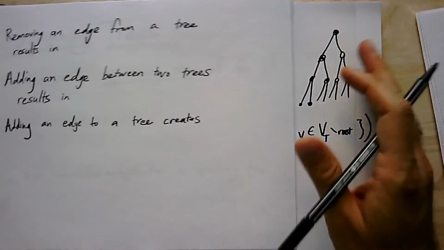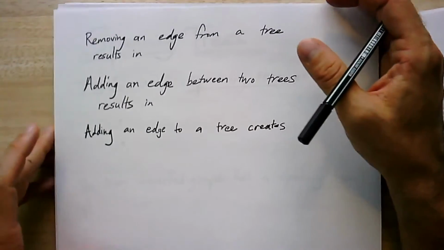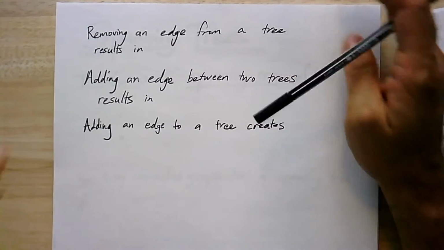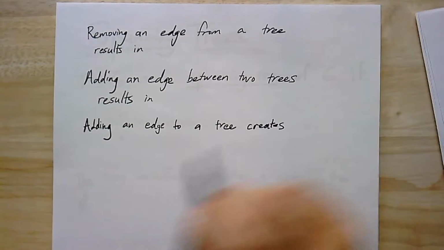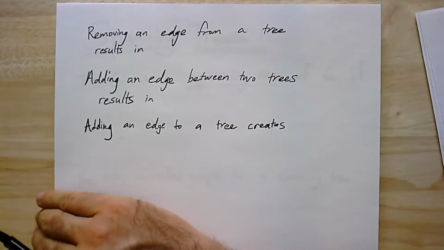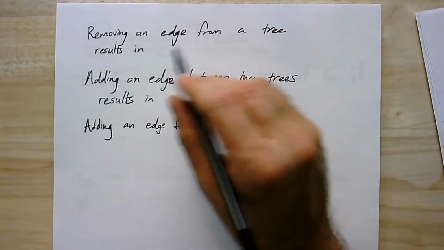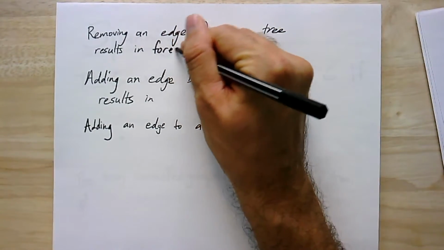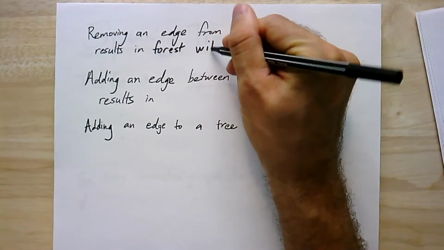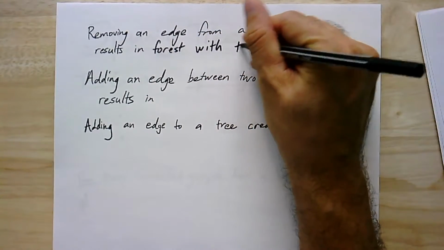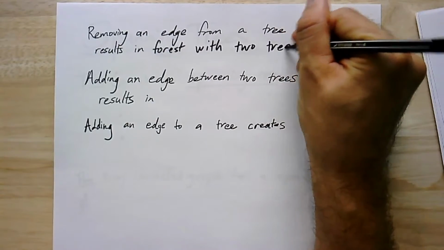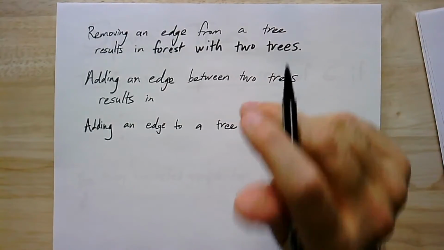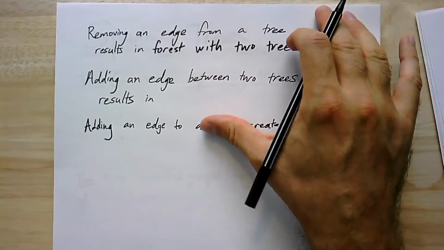Right. So a couple other facts that you should just kind of think about whether you believe these. The first one is that I claim that if you remove an edge from a tree, then it results in a forest with exactly 2 trees. Okay, so removing one edge leaves exactly 2 connected components.